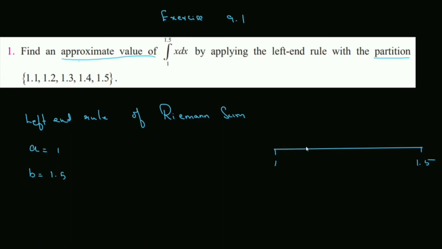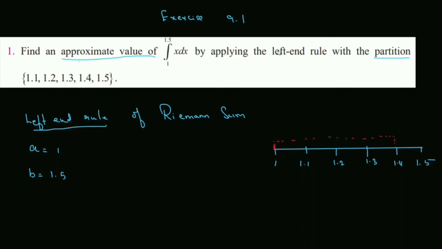So the first partition point is 1.1, second is 1.2, 1.3, 1.4, and 1.5 is b itself. It starts from 1, and the last point is this. Now they ask you to use the left hand rule. If it is the left hand rule, you start from the lower limit and go up to 1.4, omitting the upper limit.